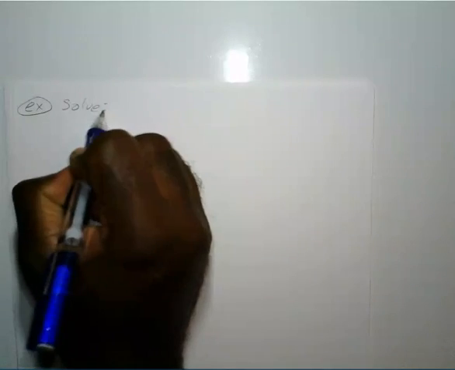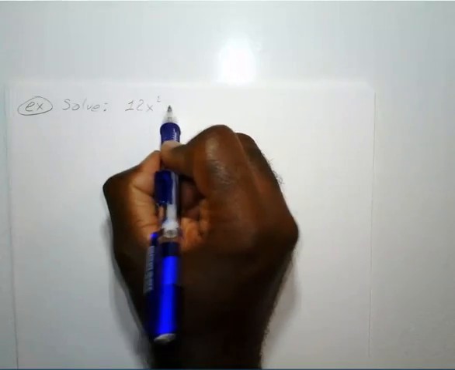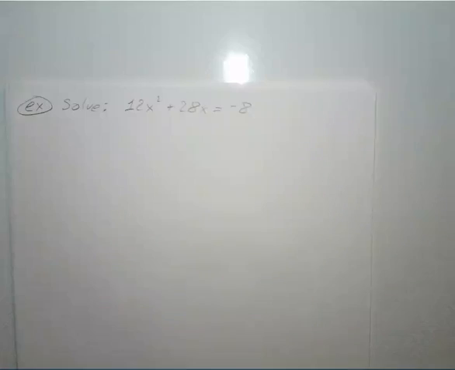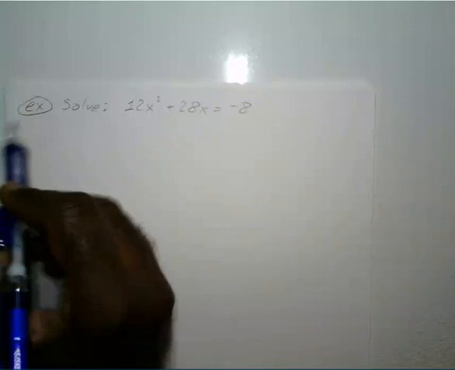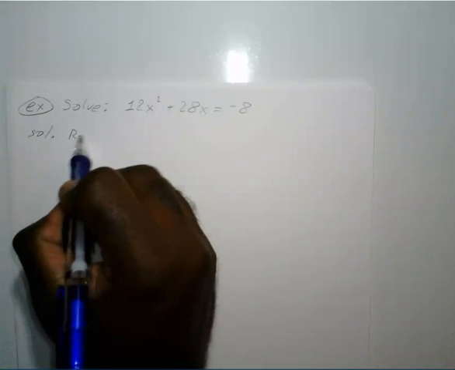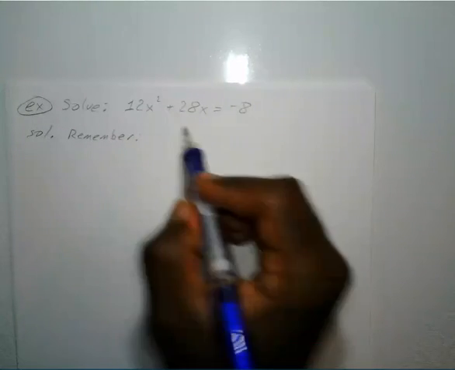Okay, so let's say, for example, we want to solve 12x squared plus 28x equals -8. Okay, now remember, you want to solve it in standard form.